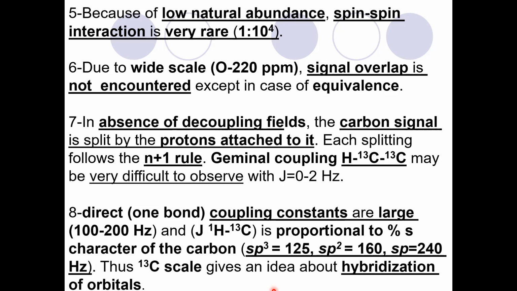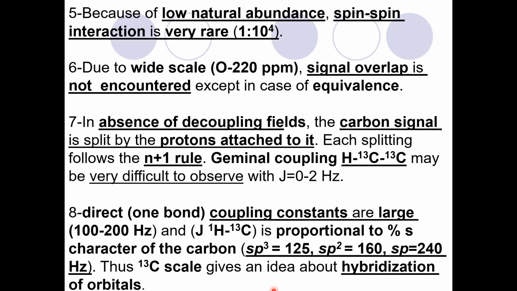Carbon coupling has a very low probability because of the low natural abundance. The chance that we observe carbon-carbon coupling is 1 in 10,000, because the probability of a carbon being carbon-13 is 1%, natural abundance 1%.